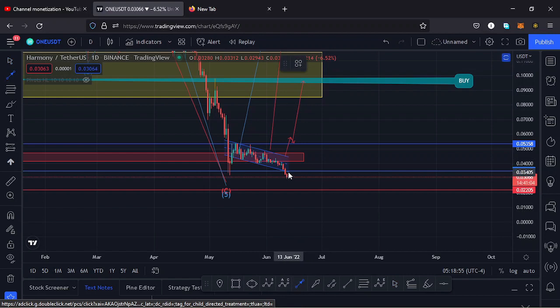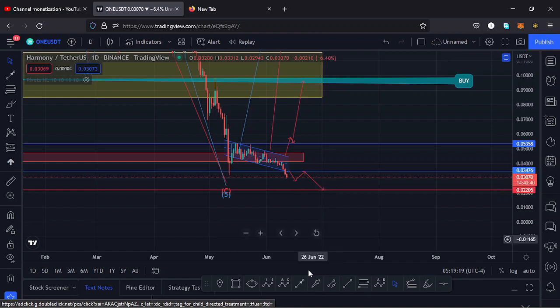So the first key scenario that can play out is that now that we have broken below that key area of support, we can maybe have a retest of that area of support, and once we see that retest, we can continue pushing the market lower to around the $0.02 mark, where we have the next key area of support.